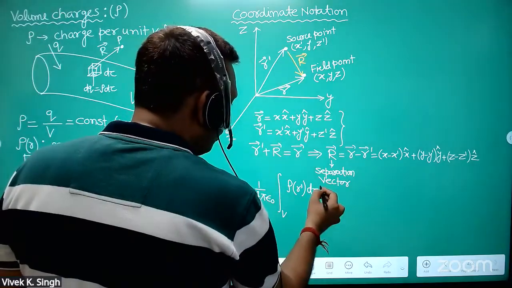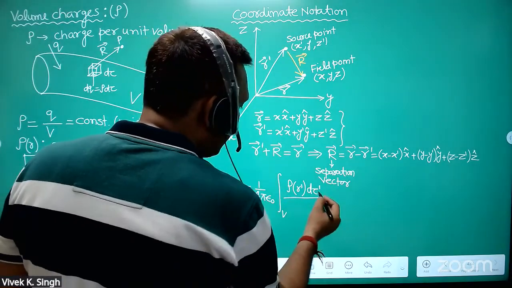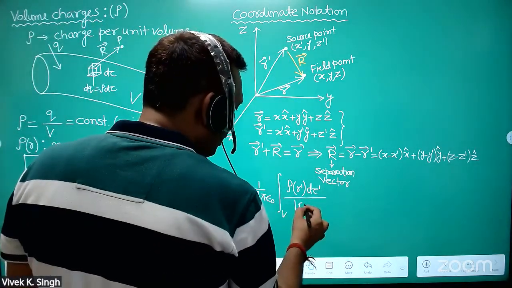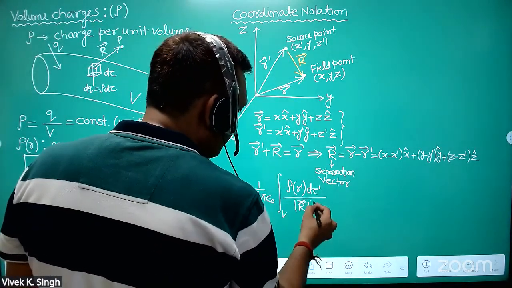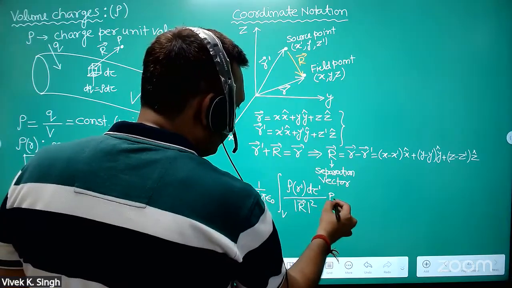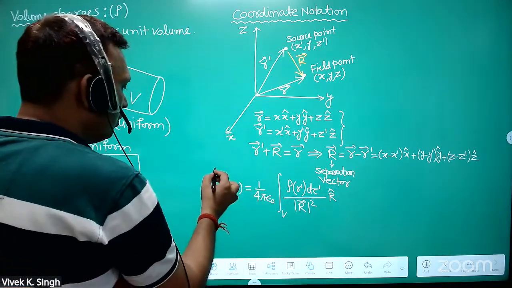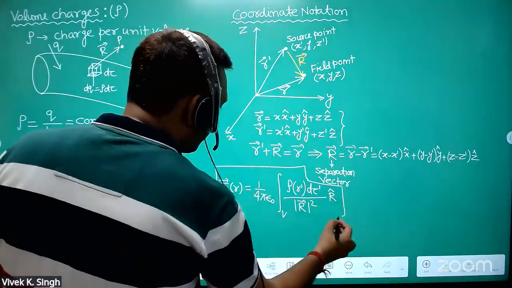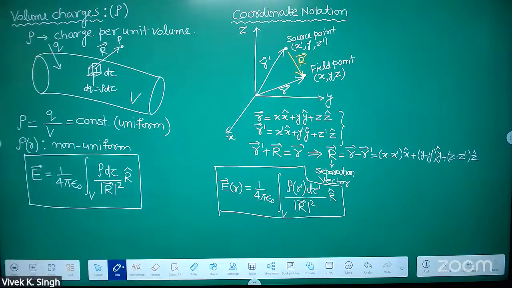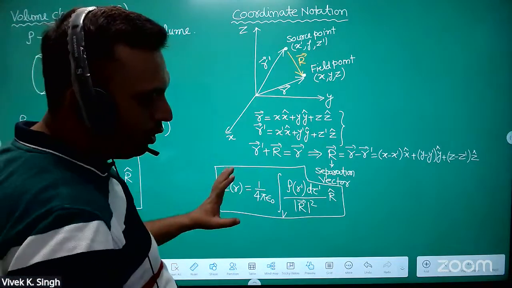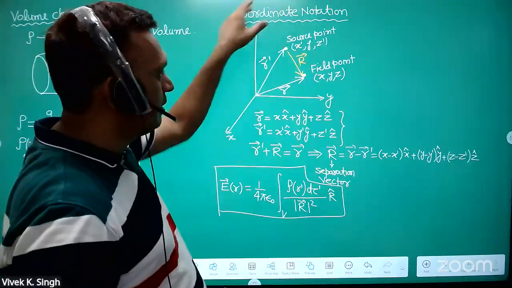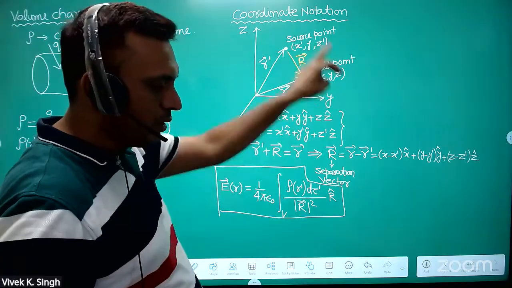I am taking the volume integral, and d tau dash represents the source. But the actual field depends on the distance between source point and field point. So we have represented Coulomb's law in our coordinate notation in this form. Throughout electricity and magnetism, we are going to use this coordinate notation.